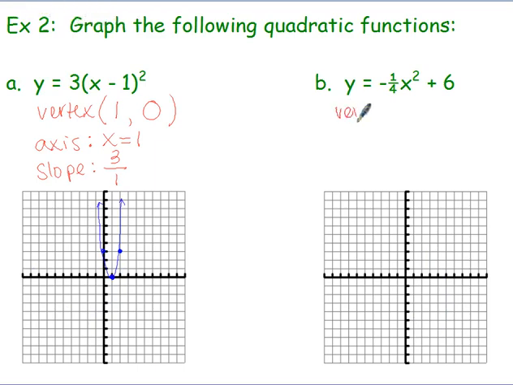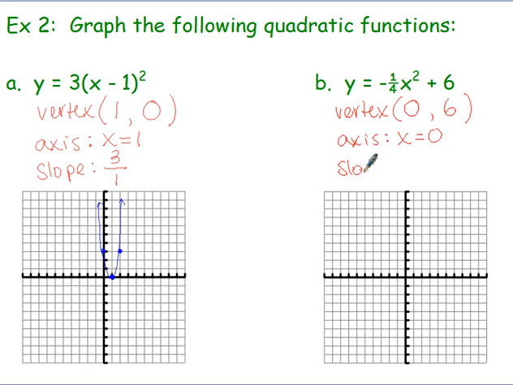The vertex, well, since there's no parentheses, the first number is 0 because there's no H. The second number we always keep the same, so I'm going to make that a +6. The axis of symmetry is x equals 0.